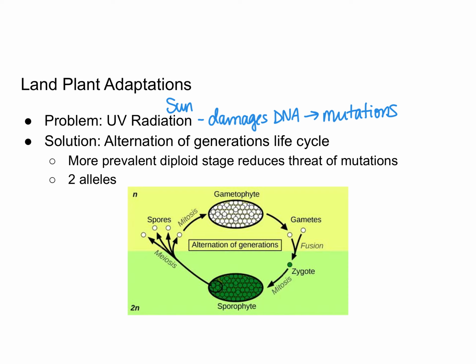So, one solution that plants developed in order to overcome this issue is this concept of an alternation of generations life cycle. And essentially, the more prevalent stage of the life cycle of the plants is a diploid stage. And if you remember, diploid we can also call 2N.